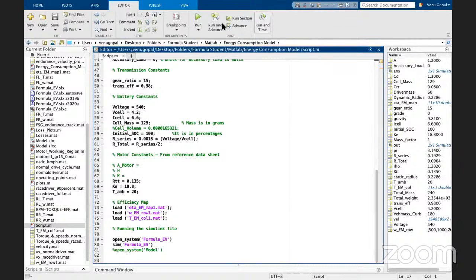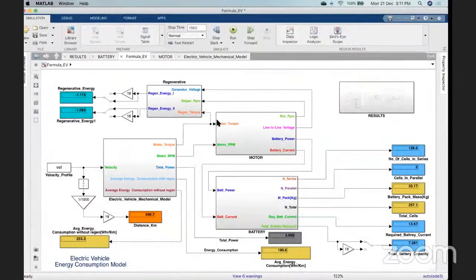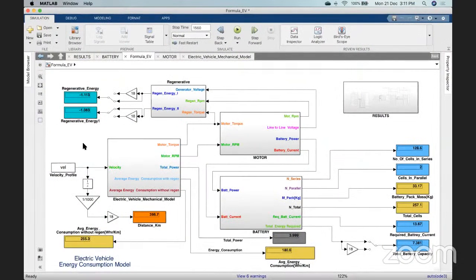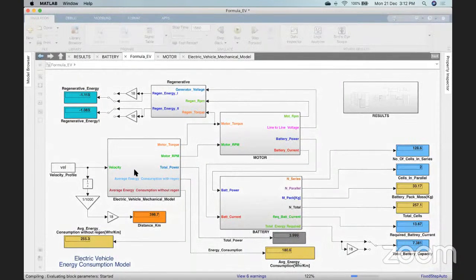If I run this particular thing, it has to give us some results. We'll see. So yeah, this is the model which we have discussed in the presentation. So this is the velocity, and this is the mechanical model.